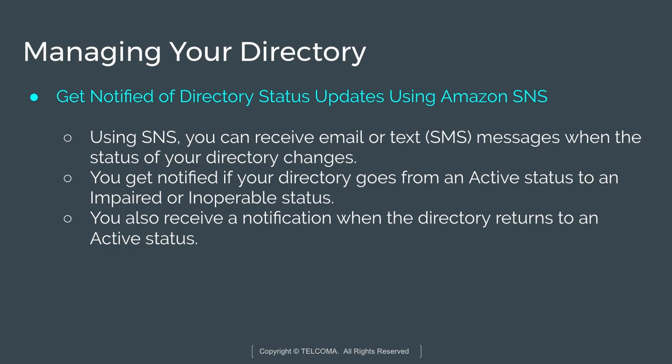Using this service we can receive an email or text message when the status of the directory changes. We get notified if the directory goes from an active state to an inactive state. We also receive a notification when the directory returns to an active state. So this is how we get notified whenever there is a change in status.